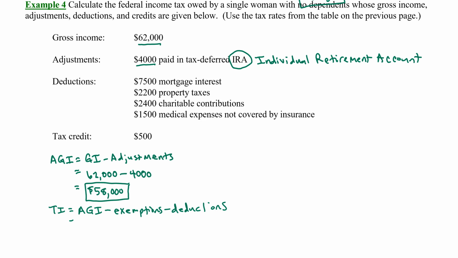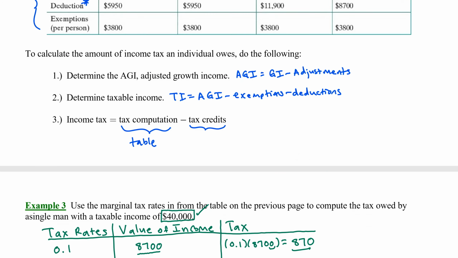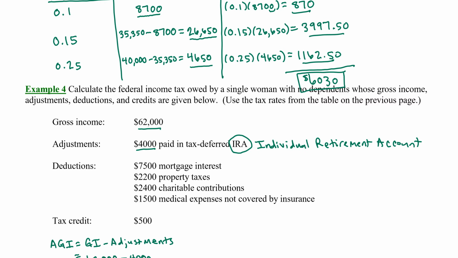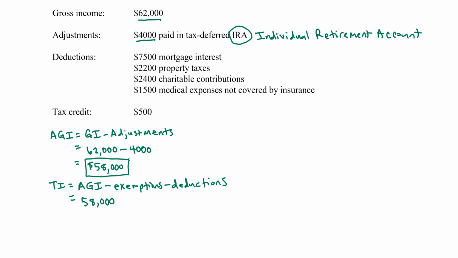So her adjusted gross income is $58,000. Now, her exemptions are going to come from the table. Remember, we're dealing with a single woman. Her exemption is going to be $3,800 for herself. She has no dependents, so we're going to subtract $3,800 for her.